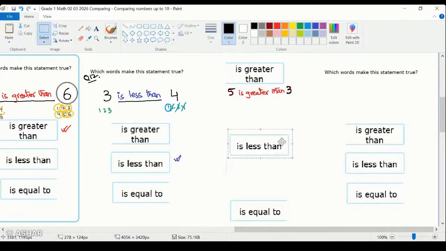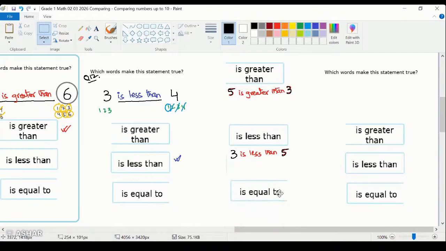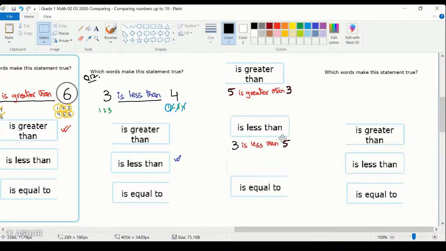We can say 3 is less than 5. Agreed? And for the last option, we'll take two numbers which are equal. There's a reason why I'm doing this. If I would say 4 is equal to 4.